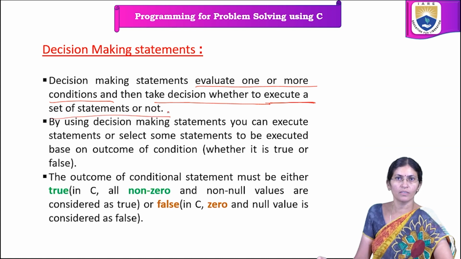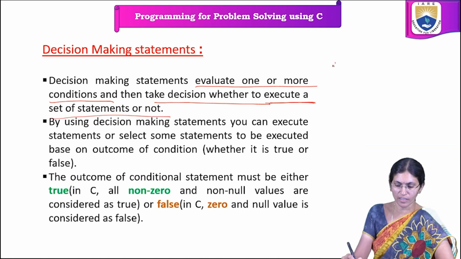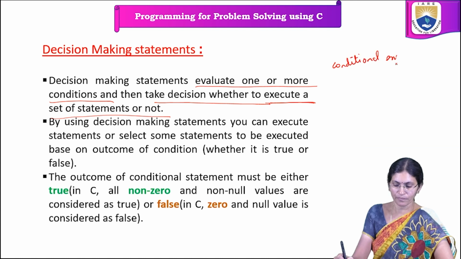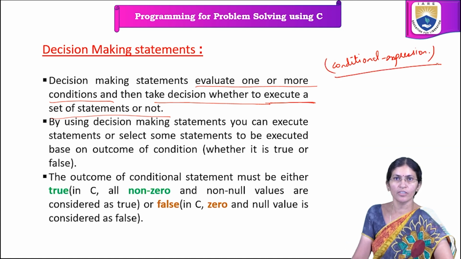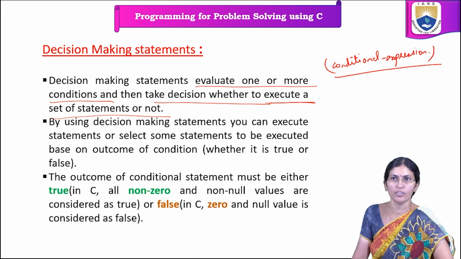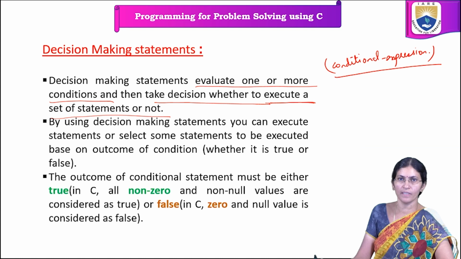Here a conditional expression has to be specified. If the condition is true, a certain set of statements is executed. If the condition is false, another set of statements is executed.